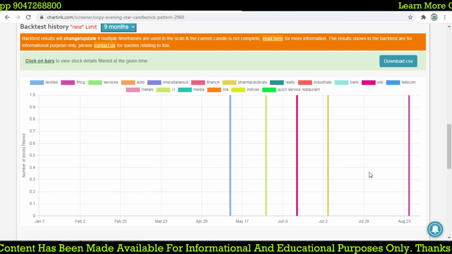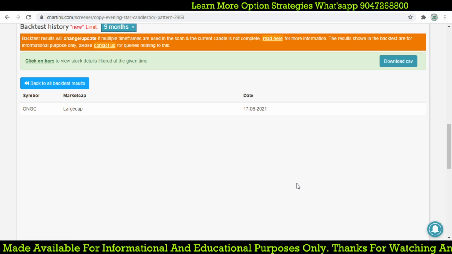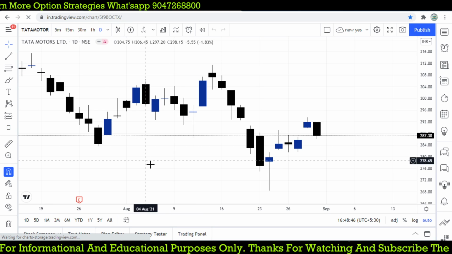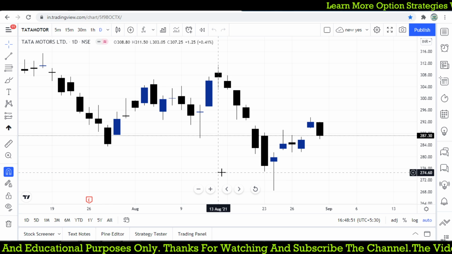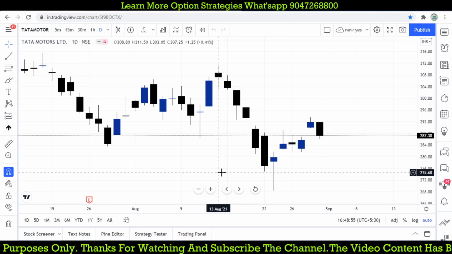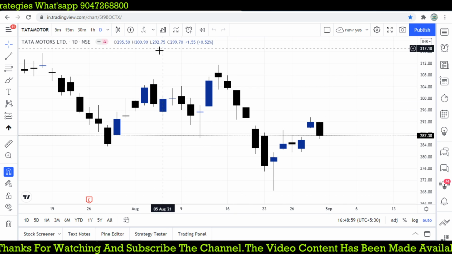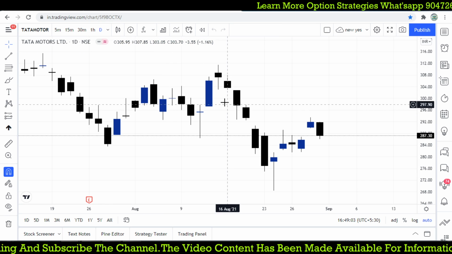So if you are filtering using this pattern, we will find very few stocks, like ONGC at 17.6. Monthly, one or two stocks we got. But when you know the candlestick pattern, if you are planning a shooting star, sorry, that kind of candlestick, what is it? Evening star, right? When an evening star candle forms, we get such a great opportunity.